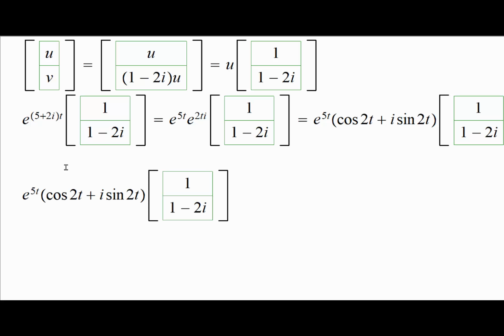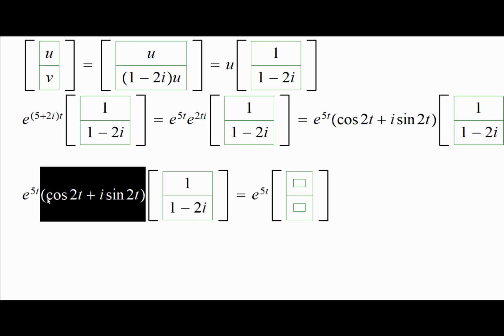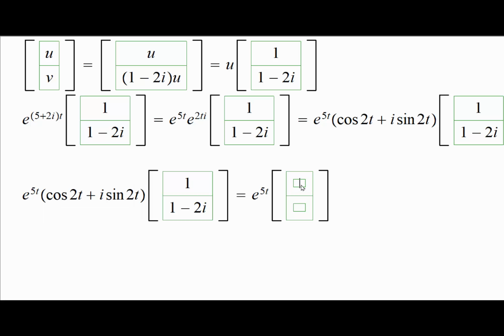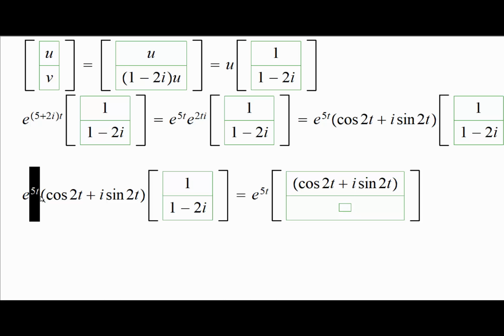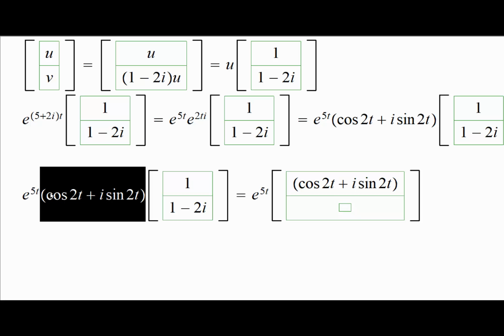All right, so here we go. We got this, and when we multiply this out, this would be e to the 5t, and then we have this quantity times how much? Simply 1, and then we have a product of these two quantities.